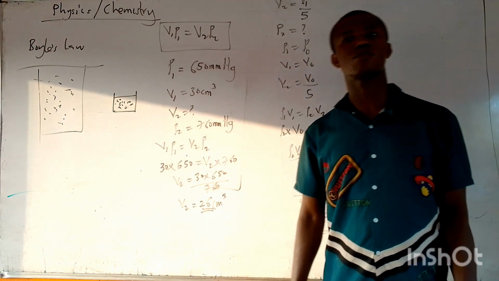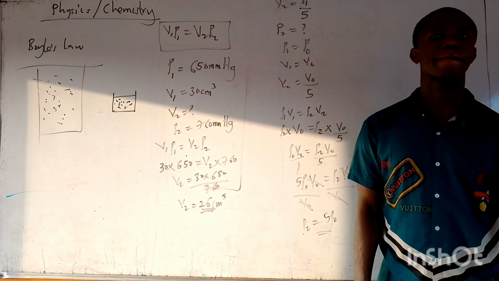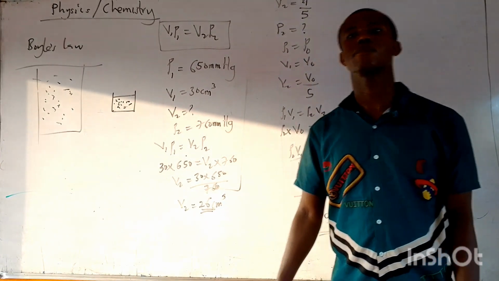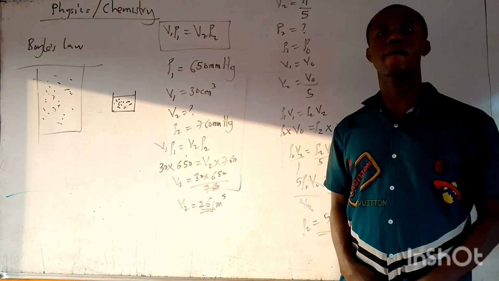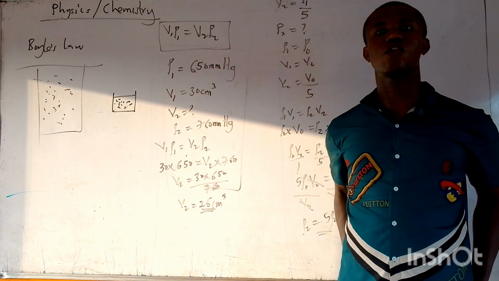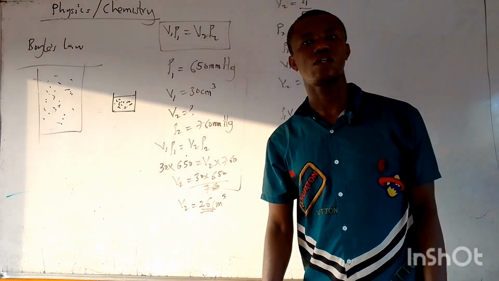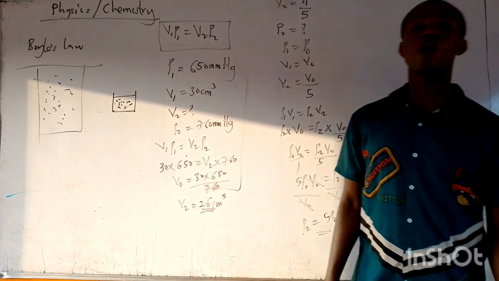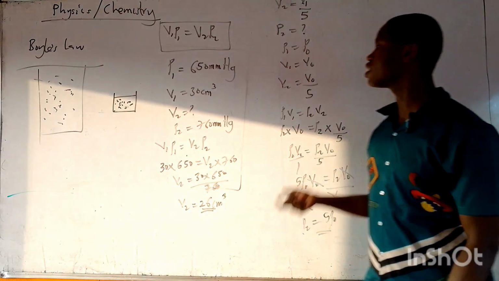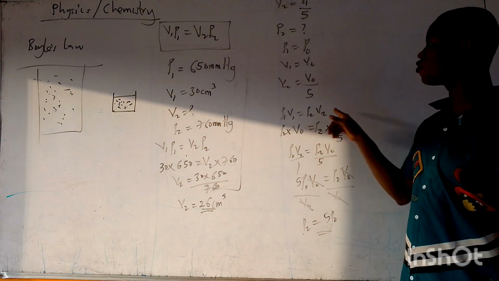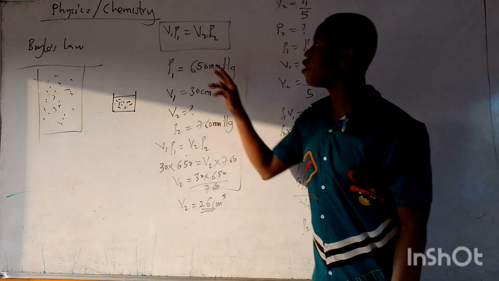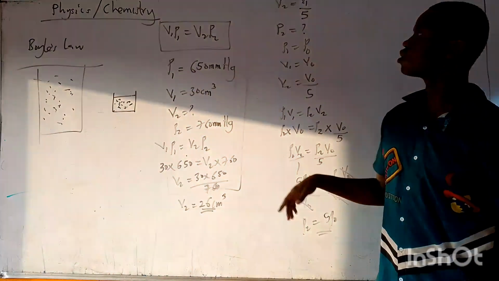Rewrite the law. You asked a question. I said P1 V1 is equal to P2 V2, and V1 P1 is equal to V2 P2.